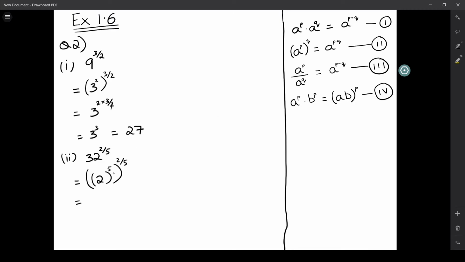And using formula number 2, we get 2 to the power 5 into 2 by 5. Here, 5 cancels itself out in the numerator and denominator, and we're left with 2 square, which comes out to be 4. And that's the solution.